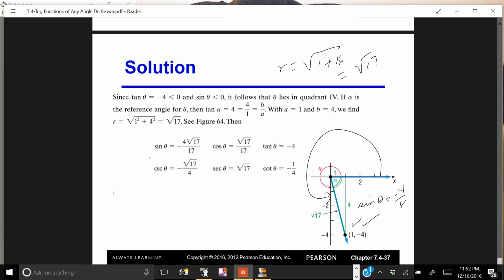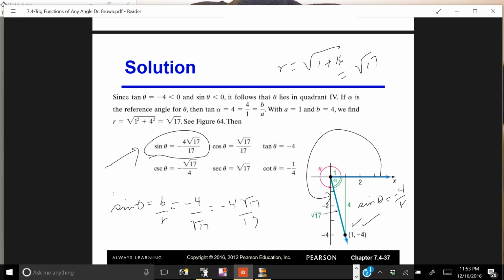So the sine of theta would be B over R, which is minus 4 over the square root of 17, which is minus 4 square roots of 17 over 17. So there is sine of theta.